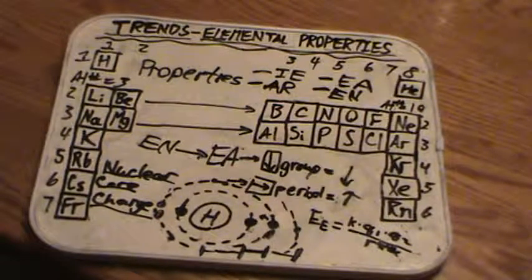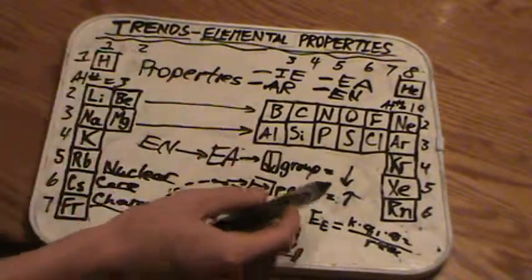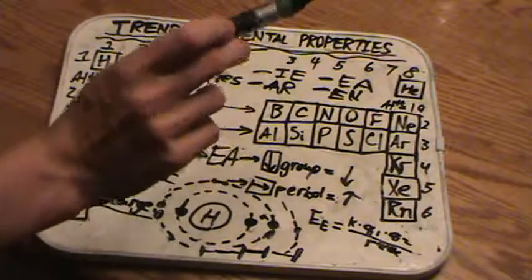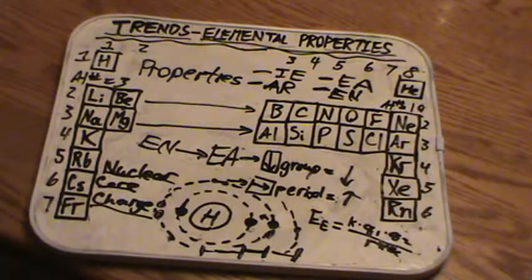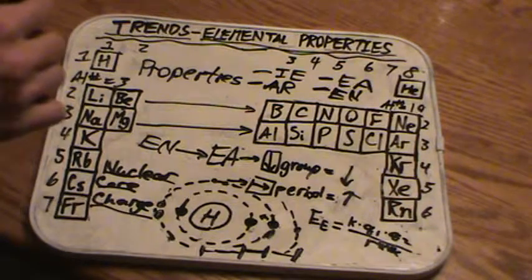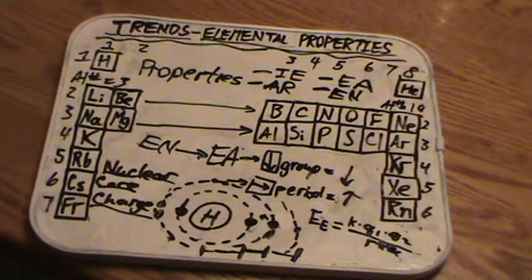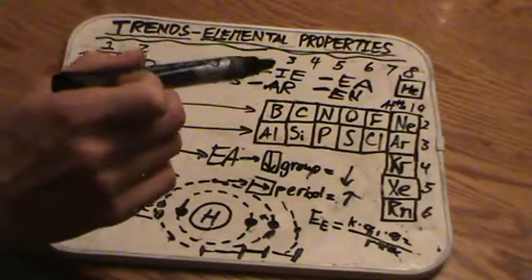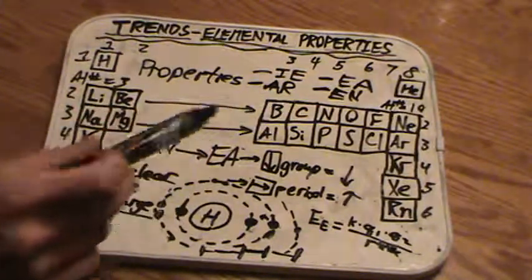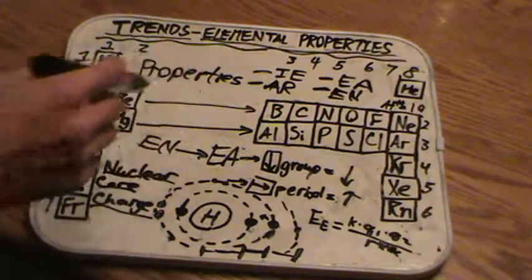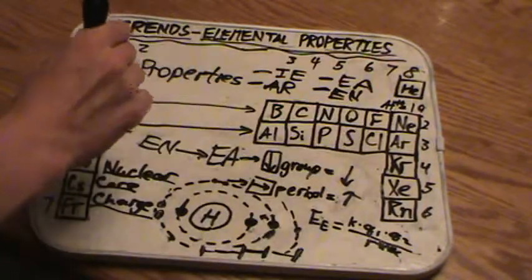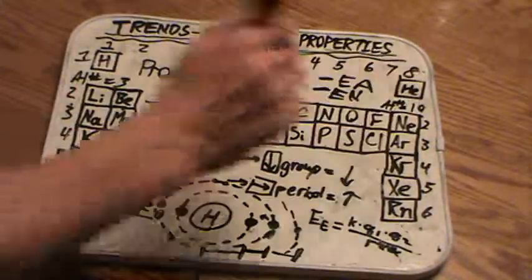And so across the period, exactly the same thing, where the radius across a period decreases, and so the electrical energy between an electron that is accepted in this energy level will actually increase. It will increase relative to the third period, where this electron would be in the third energy level, so it would be further away from the nucleus.